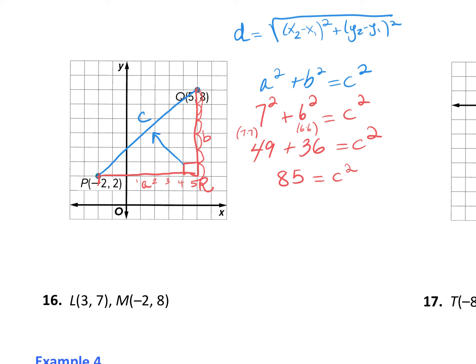And the very last step of Pythagoras' theorem is always to take the square root, because taking the square root of both sides of the equation is the inverse or opposite of squaring a number. Now from here, we can use our calculator to find what the square root of 85 is.